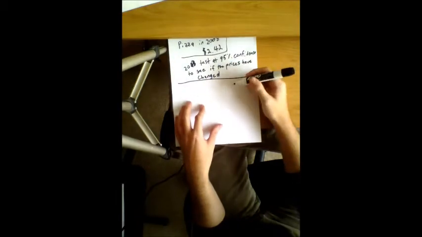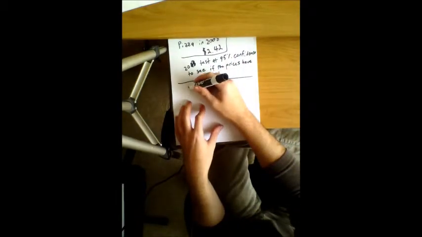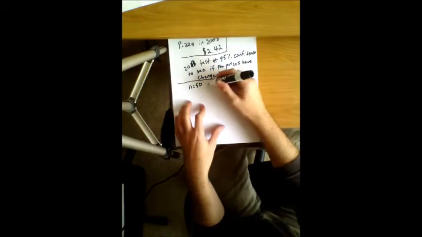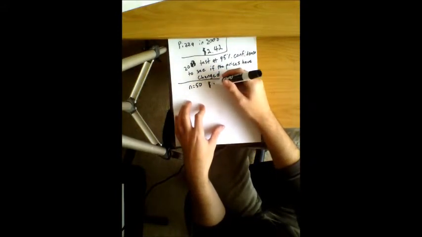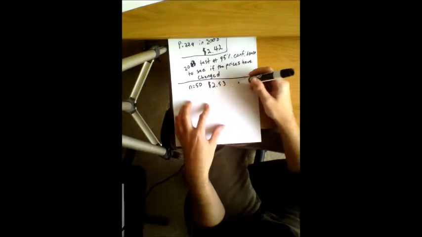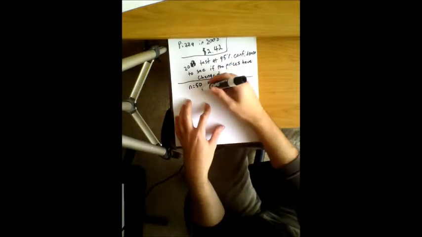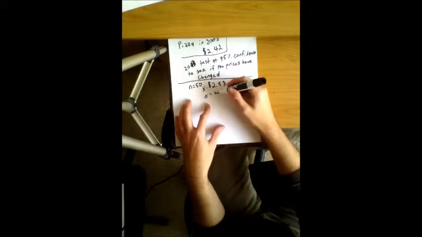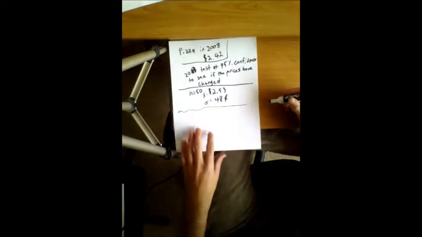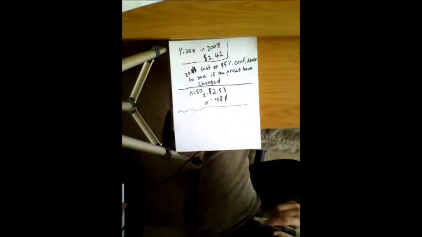So in doing this, we'll say we take a sample of 50 in 2013, and we find that the average price, or X bar here, is $2.53. And we had a standard deviation of 48 cents. Okay. So that's the problem. Let's go ahead and work through the steps.